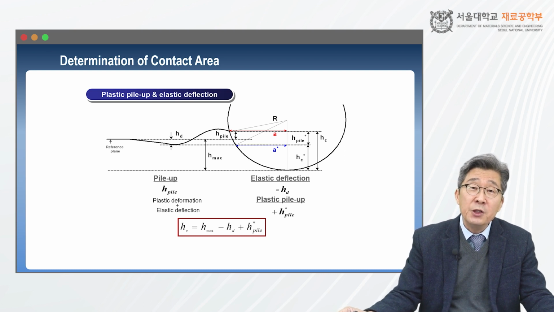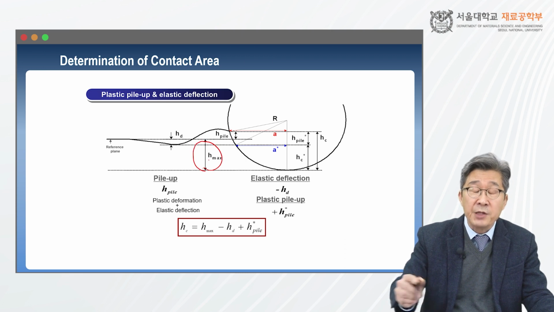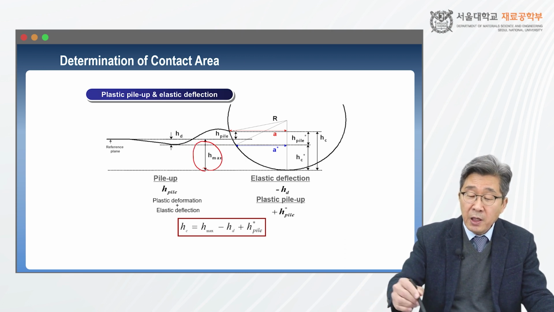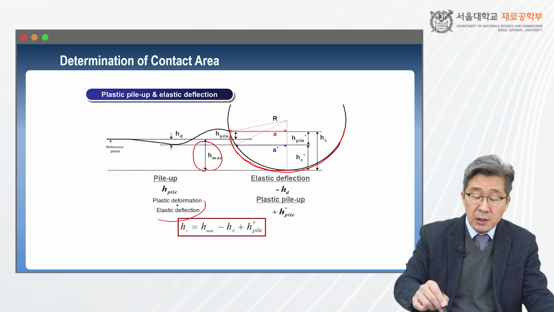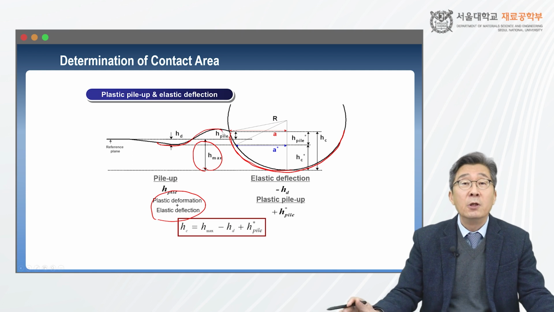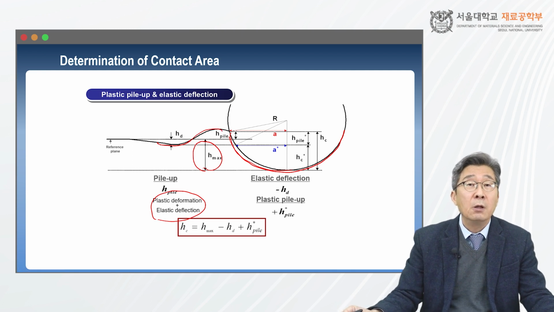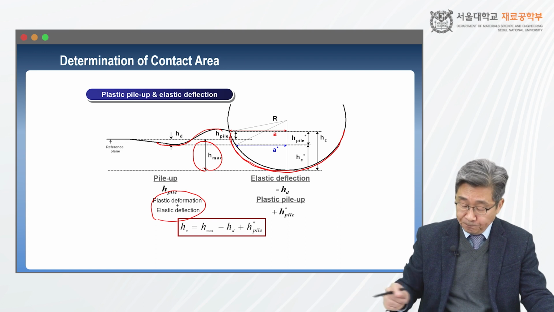One of the biggest issues is how to determine the contact area during the indentation, because the observed contact depth h max is different from the actual contact depth or area, because of initial elastic deflection and also pile-up during the loading. So care should be taken in calculating contact area for applying the indentation.